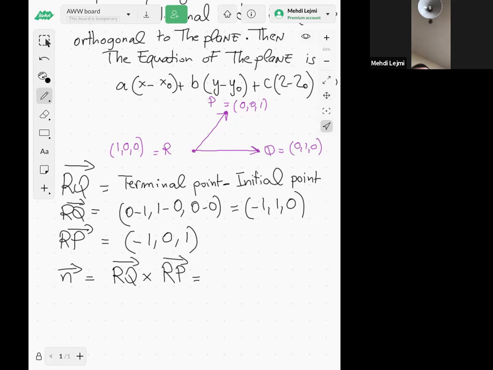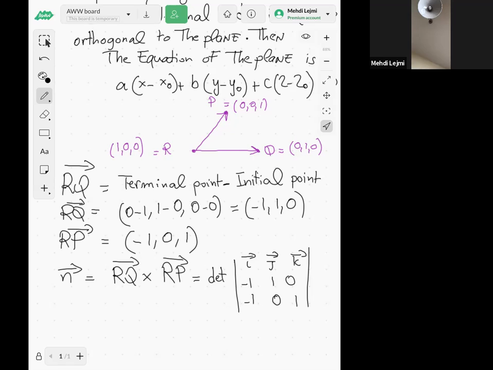You can use a determinant of the matrix. So you have the vectors i, j, k. Then you have the vector RQ, that's negative 1, 1, 0. And then RP, that's negative 1, 0, 1.